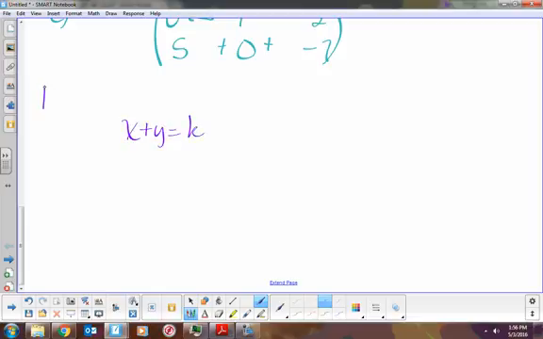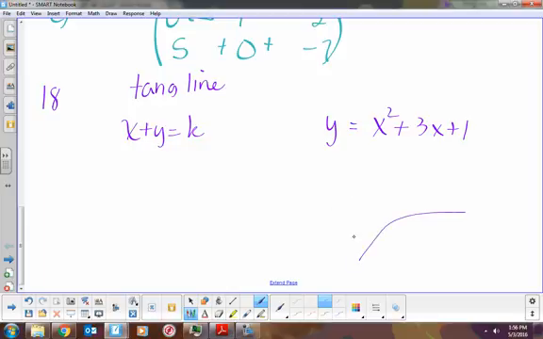This is number 18 on, again, page MC 11. k is a constant, meaning k is a number. And this line is tangent to y equals x squared plus 3x plus 1. What is the value of k?